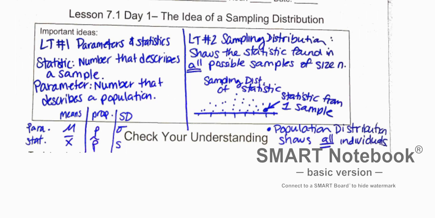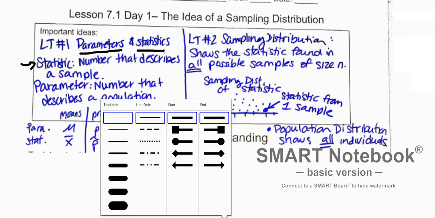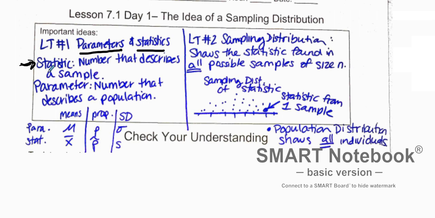The key things that you probably want to write down in your notes is the difference between a parameter and a statistic. Now, we hear about statistics, and if you're taking AP Stats, this value of statistic might still be a little bit confusing, but a stat is really a number that describes a sample.